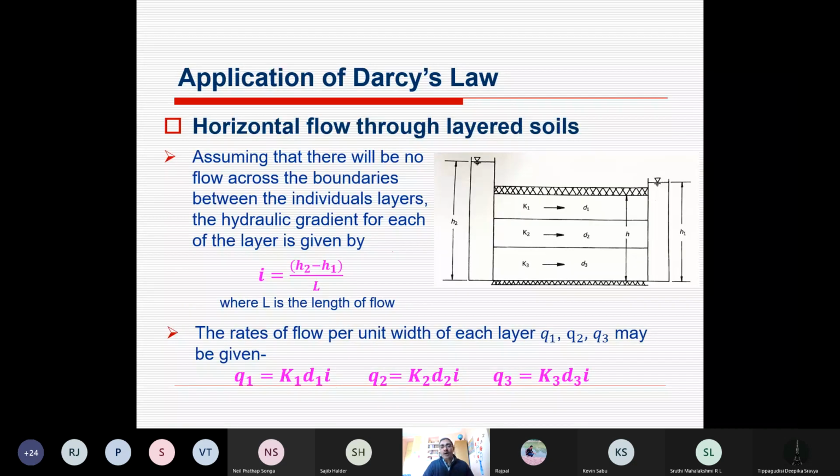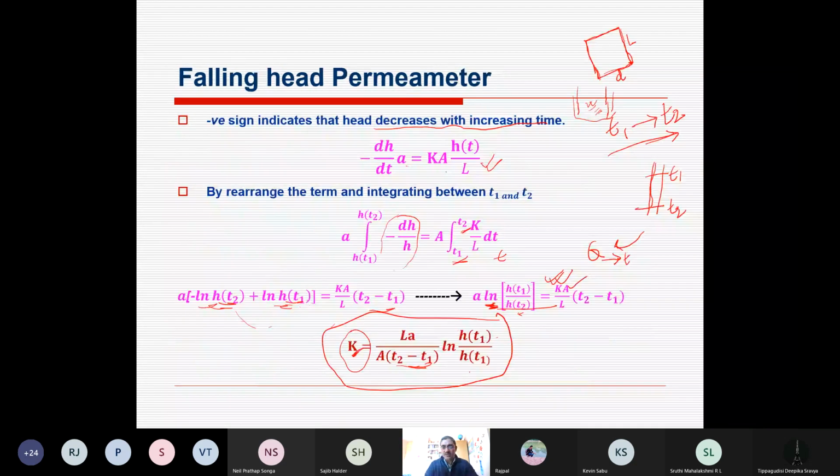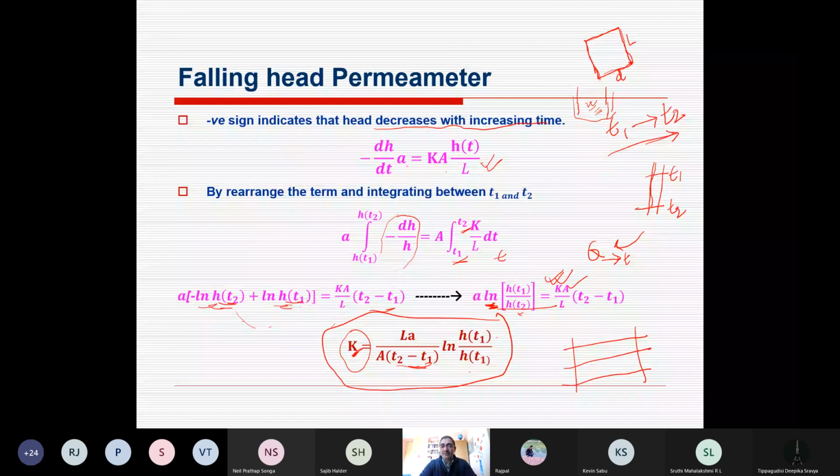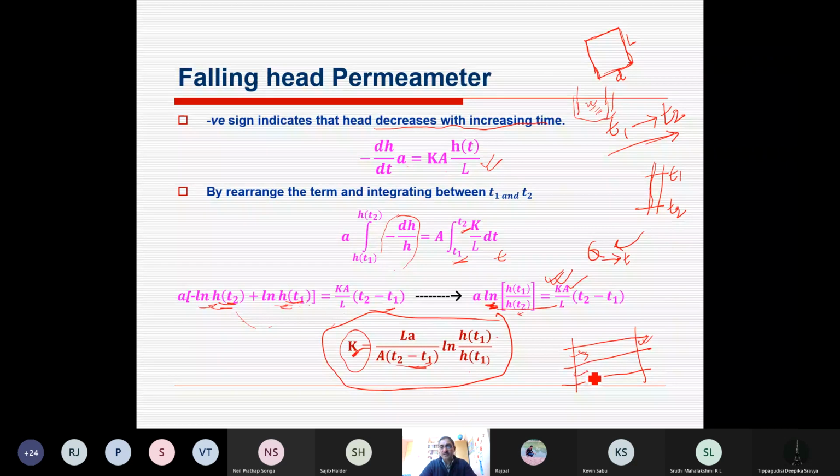Now there are a few applications, just two applications. You have already learned that we are considering this soil as a layered system. There are layers. Naturally, if you are seeing the vertical cut of any soil, it has different layers, and layers have different properties: texture, structure, compactness, and so on.